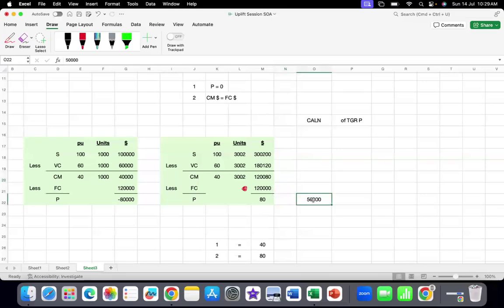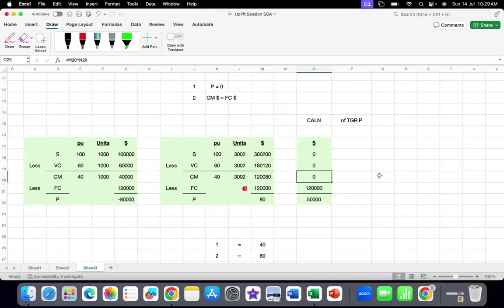So if you want a profit of $50,000, we can just revise this statement and calculate it here. If my desired profit is $50,000, my fixed cost is not going to change.